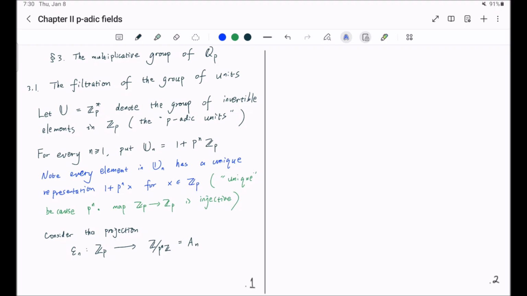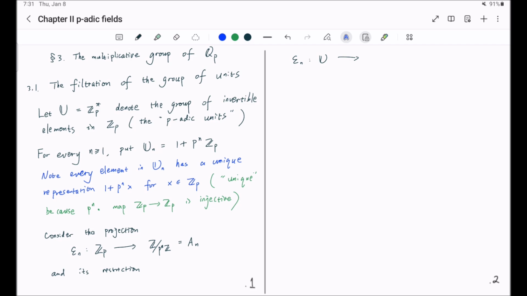If we restrict this epsilon sub n to U, the subgroup of invertible elements in Z_p, what do you think the image of U under epsilon sub n is?